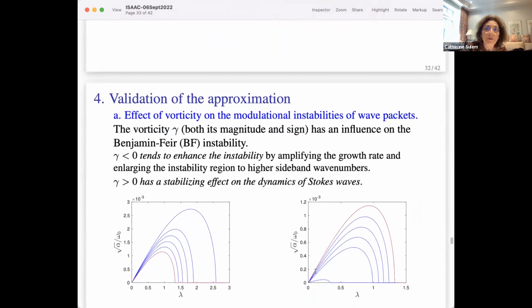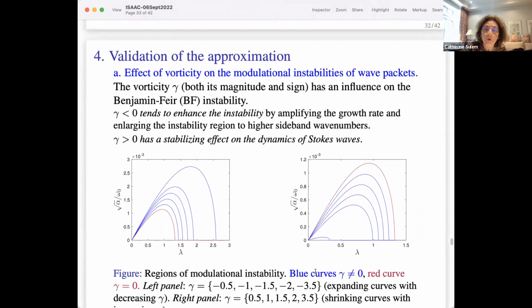The Hamiltonian one has the advantage of conserving the energy.